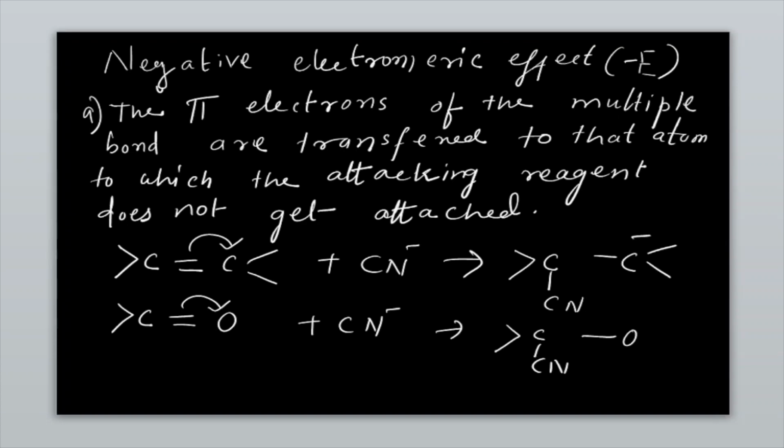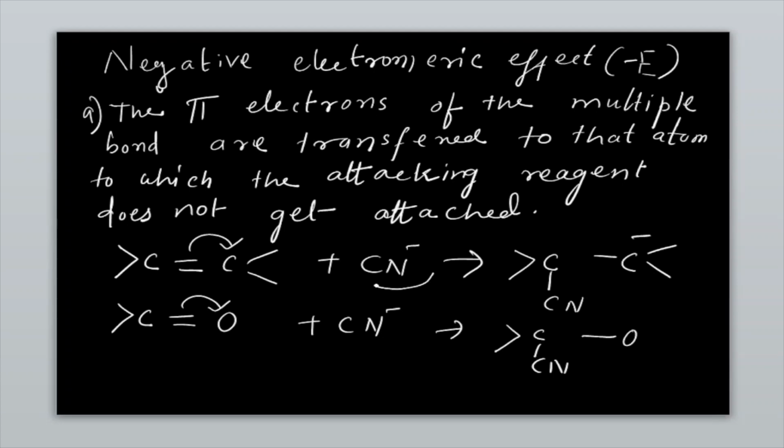So in the minus E or electromeric effect, the transfer of electrons takes place where no attacking reagent is. Now see CN minus, the cyanide ion having a negative charge.